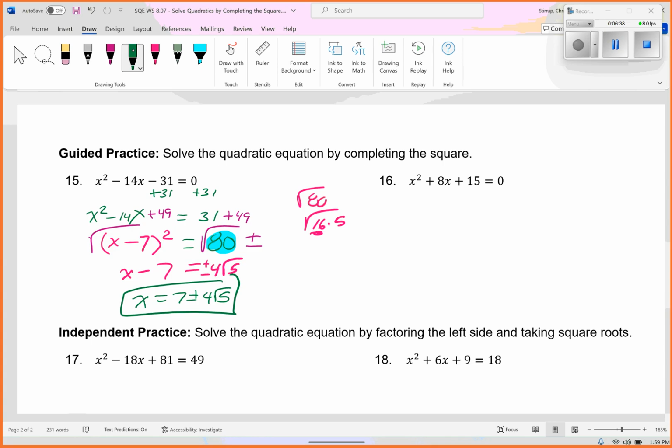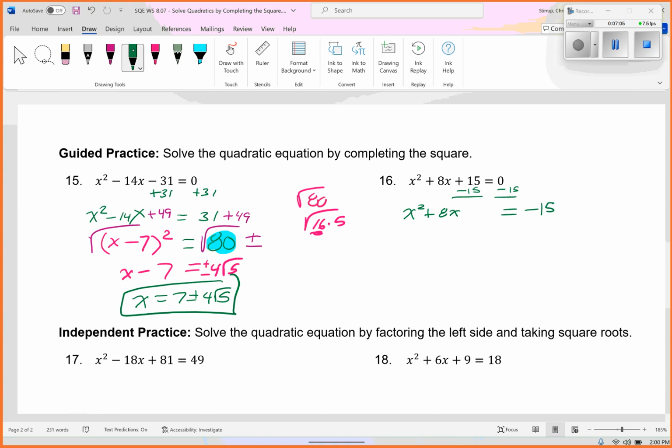All right. So let's think about number 16. Okay, looking at our last number 15, what does it seem like the very first step is for us on this problem? Yeah, subtract 15 from both sides. Okay, so then I'm going to get x squared plus 8x, leave a space, minus 15.